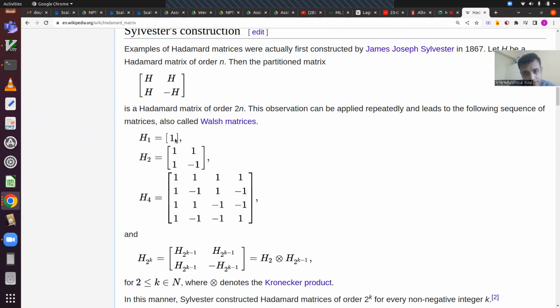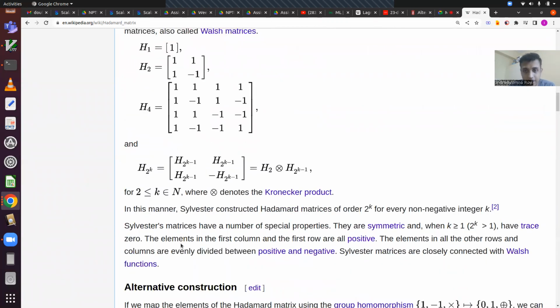We start with 1, and then we put H1 here and get H2. So 1, 1, 1, minus 1. And then this H2 goes here: H2, H2, H2, and then minus H2, right? So this is H4. So 64 will have 64 cross 64 rows and columns. So this is the Hadamard matrix.